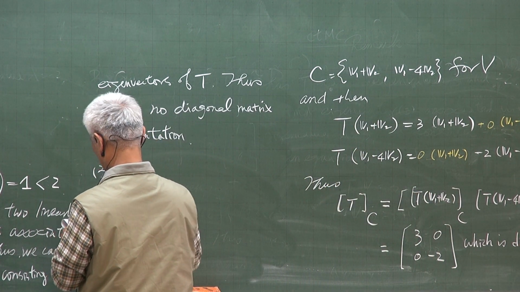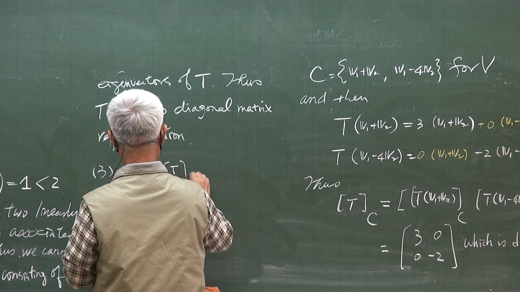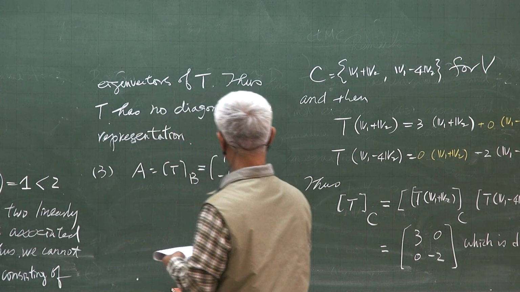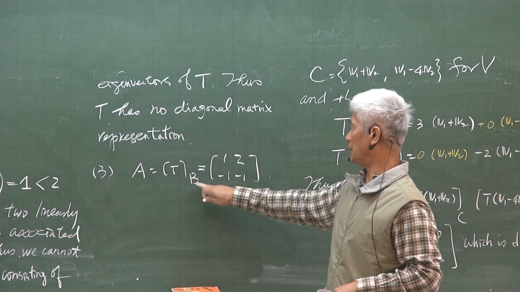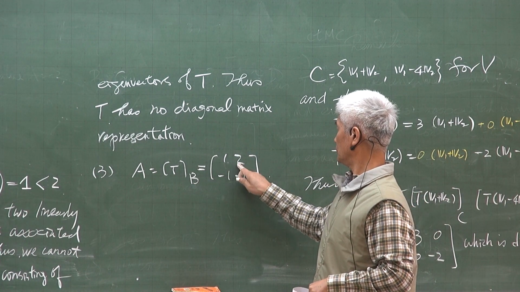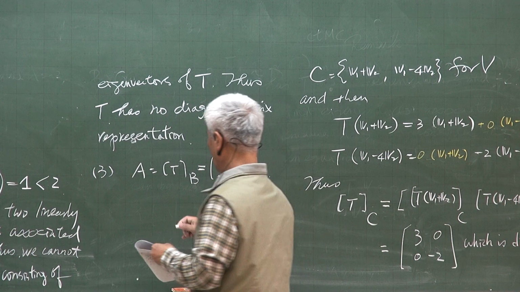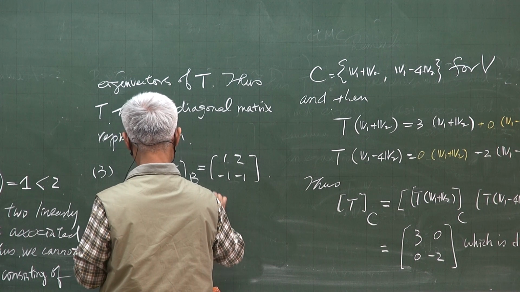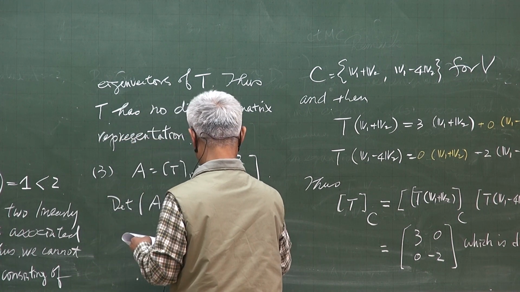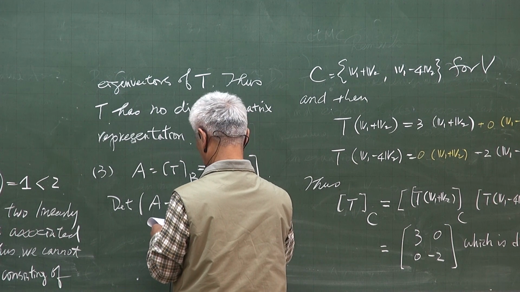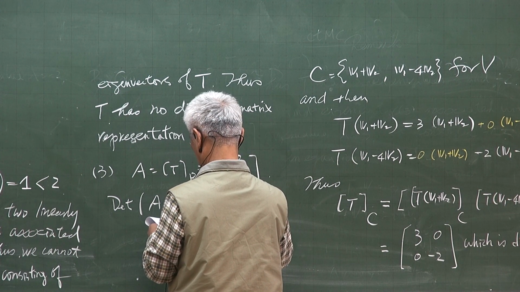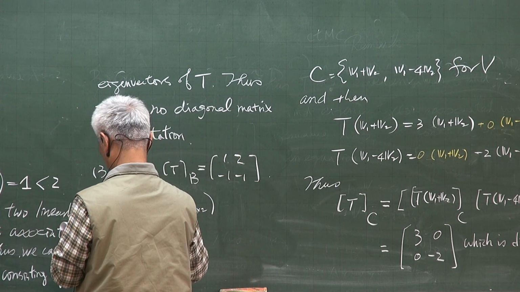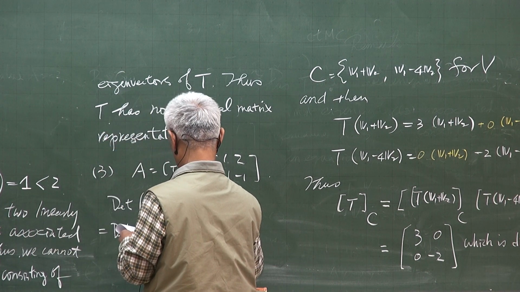Third example, A is a matrix representation. Okay, so the matrix representation relative to a basis is 1, 2, minus 1, 1 here. And then the determinant, we try to find the characteristic polynomial, which is equal to the determinant of 1 minus lambda, minus 1, 2, 1 minus lambda.